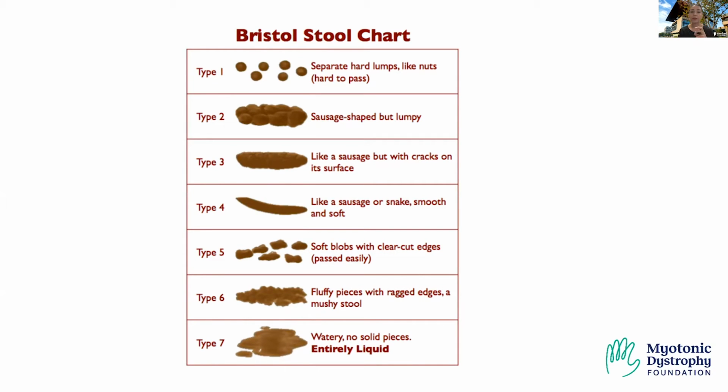The type 4 stool is the ideal stool. It's snake-like, really smooth, and an easy-to-evacuate bowel movement. Patients who have diarrhea often report types 5, 6, and 7, which is the watery diarrhea. So your doctor may ask you to describe your stool, and they will be looking for these 7 subtypes.